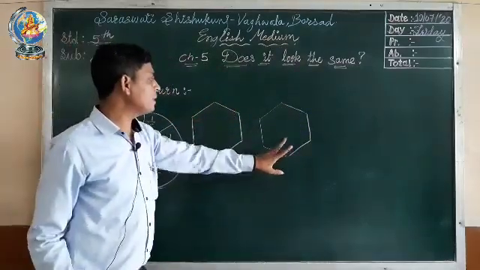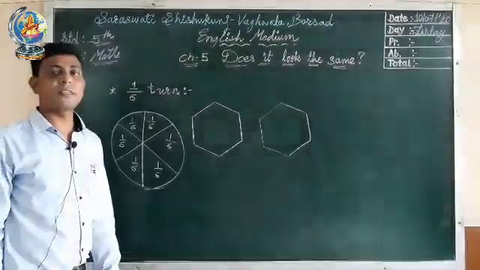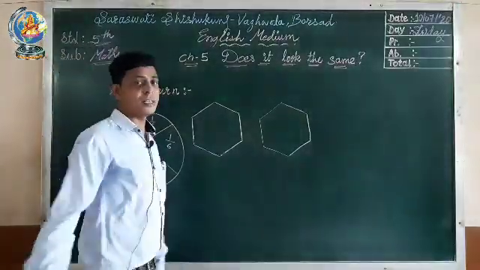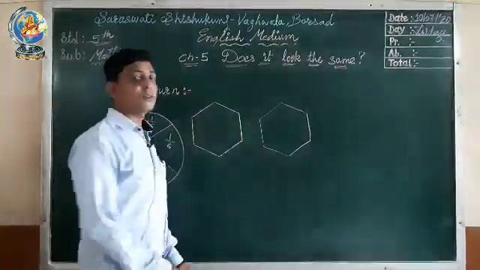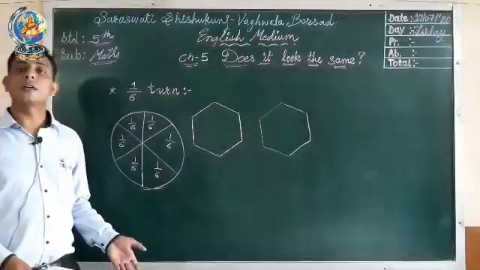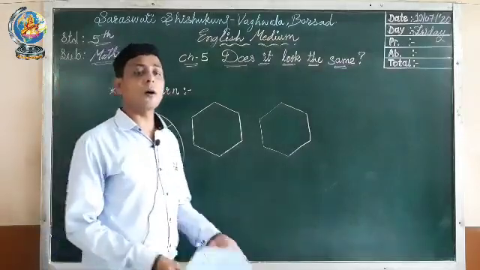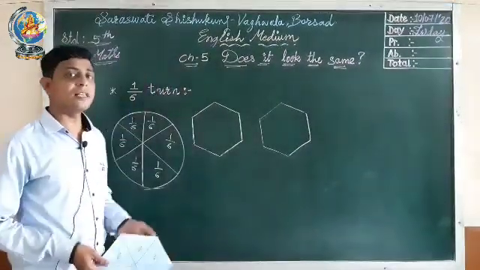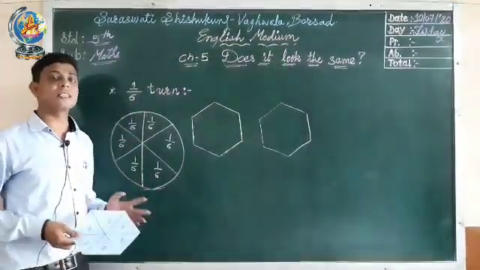If you compare two figures, you will come to know that both figures look the same on 1/6 turn. So now you have understood how to rotate 1/6 part and 1/3 part. Now we will solve exercise based on 1/3 and 1/6 part.